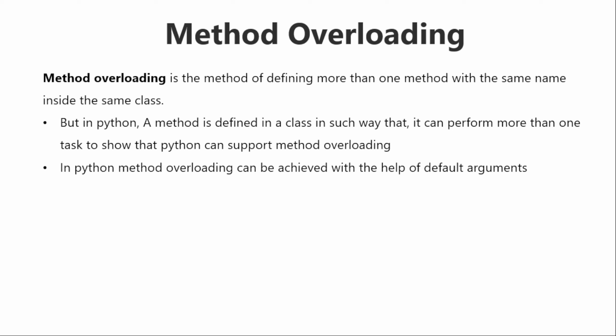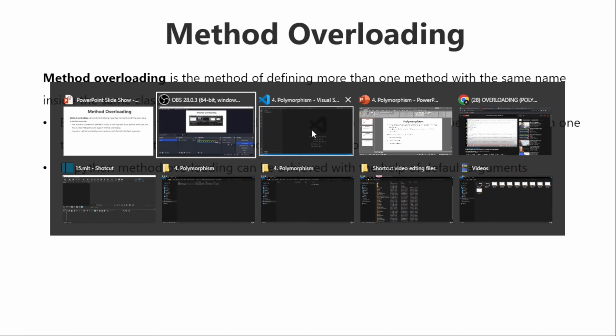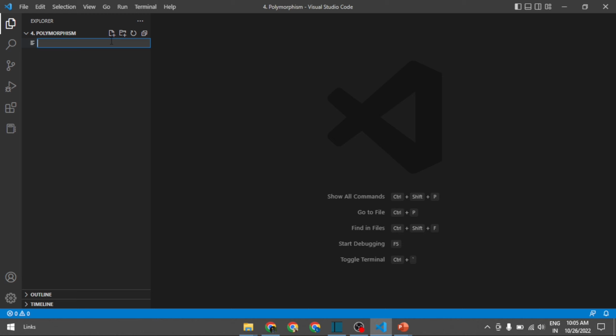We have discussed these in the functions, so try to have a look at default arguments. It will help you understand how Python supports method overloading. Now let me go to the code editor and perform an example to show how method overloading works.